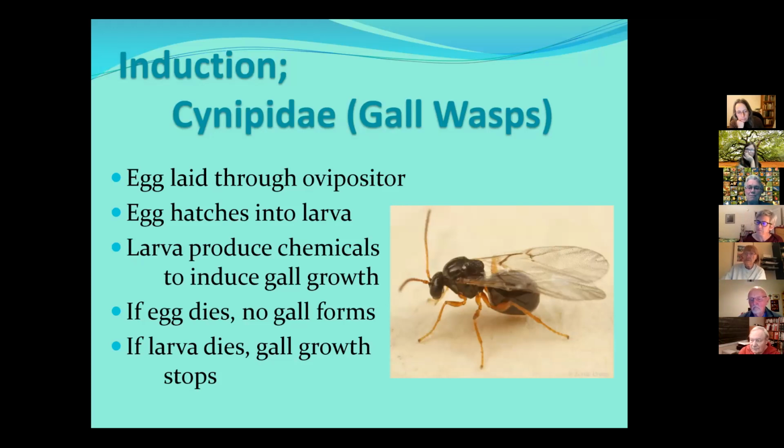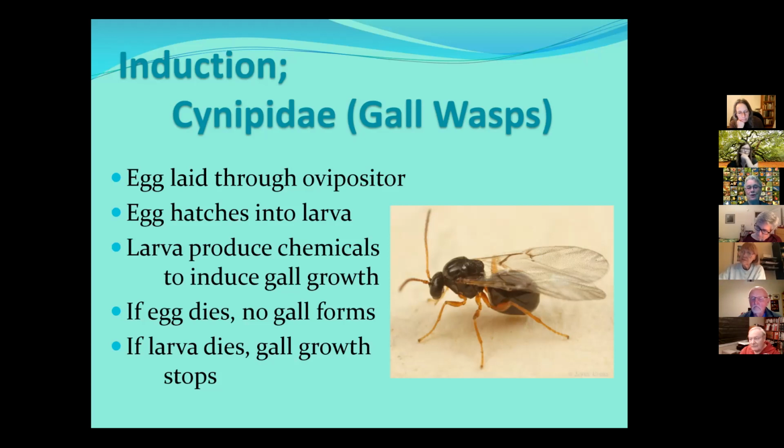What's even more amazing is that plants will grow in a certain way, making a certain shape, and then the growing larva will give it a new command, a new chemical, and it will change color and change shape. Another wall will form and another tissue layer will form. So it's very fascinating to watch the growth, but it doesn't happen without a larva.